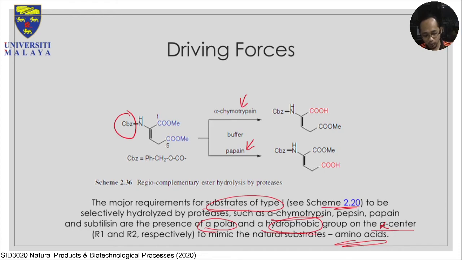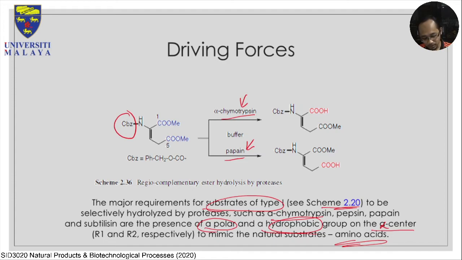So as shown here is alpha-chymotrypsin and papain, and the specificity of these enzymes is supposedly for some sequence of amino acids. But now when you have a substitute, unnatural substrate, it can still catalyze the reaction based on its specificity.